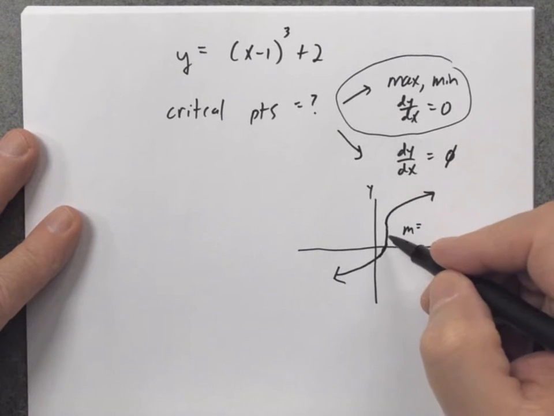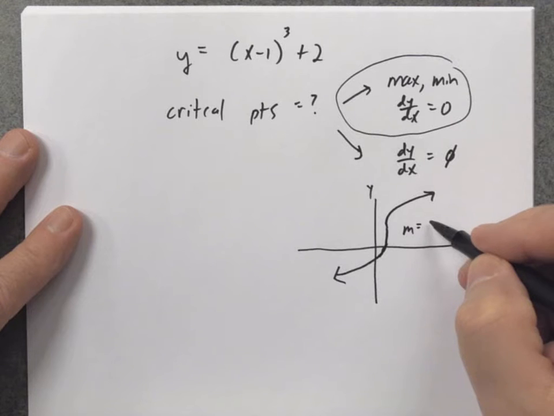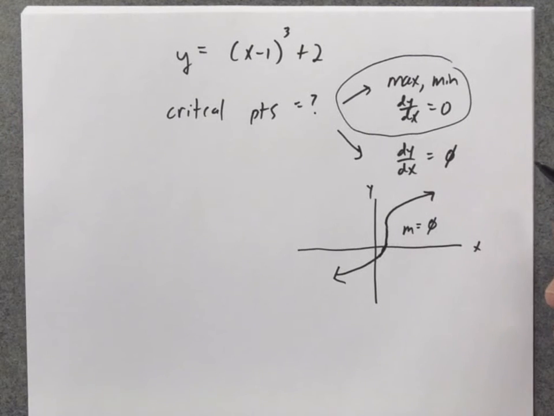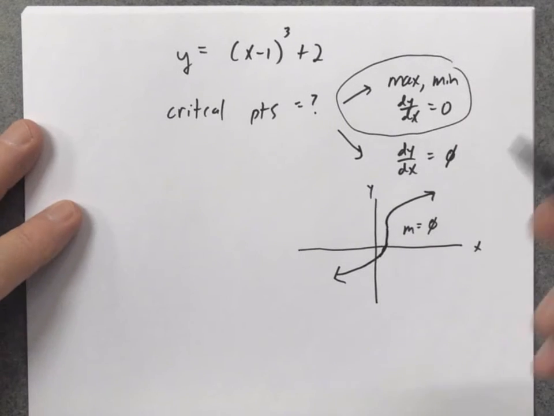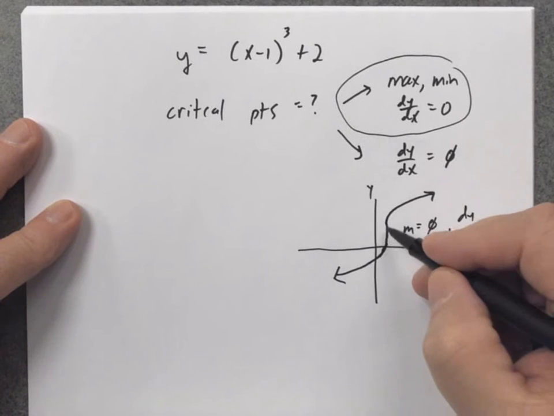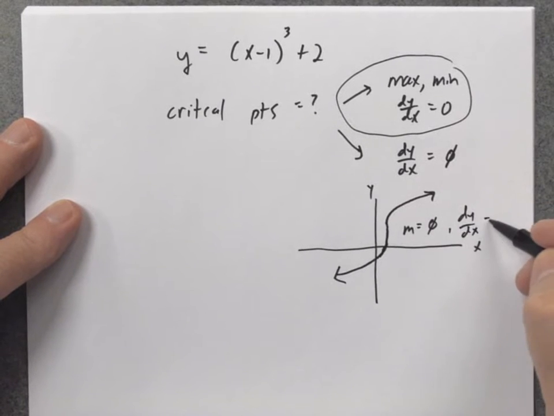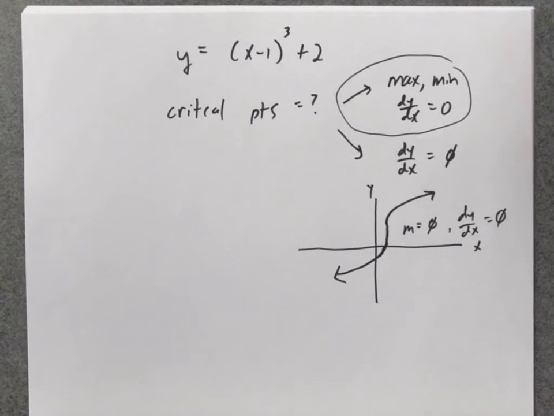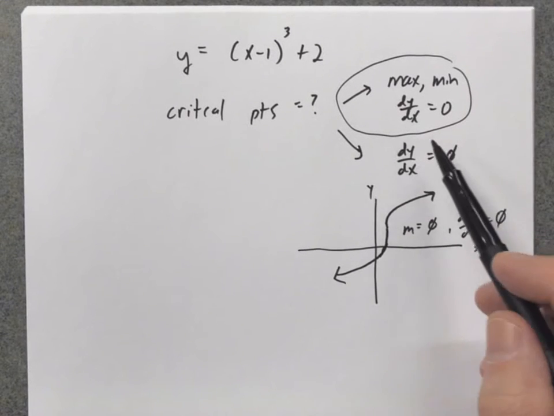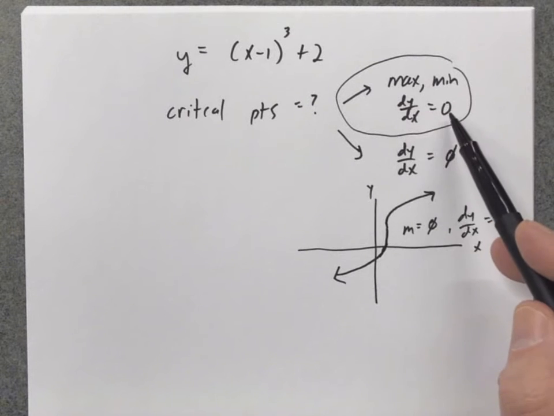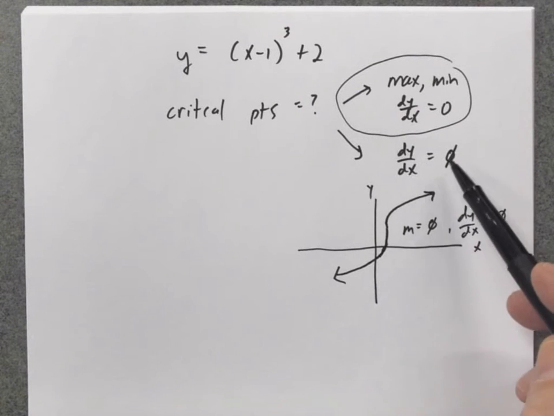If you recall, the slope is rise over run, and for a perfectly vertical line, the slope is actually undefined, which means at this part of the graph, the first derivative is undefined. This would be considered a critical point. That's why I wrote up here: critical points are when the first derivative equals 0 or the first derivative is undefined.